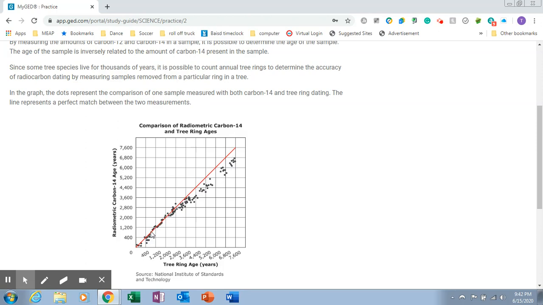So these trees that are less than a couple thousand years, they're matching up pretty good, these dating techniques. But as we get older, they don't match up as well anymore. It looks like the carbon-14 dating is coming in a little low compared to what it should be on the red line here if it was exactly the same.